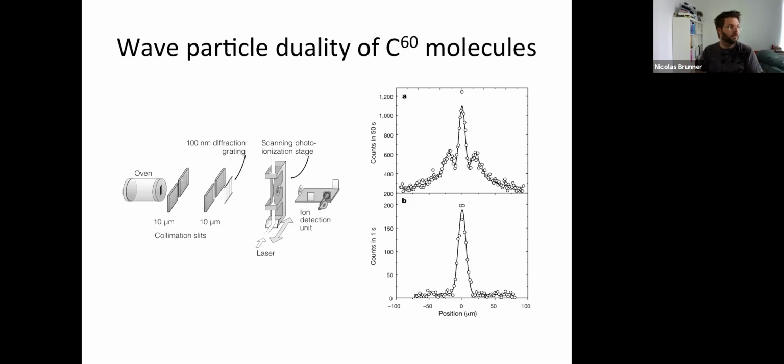Okay, so if you think about the quintessential quantum experiment, it's single particle interference, right? It's the two-slit experiment. This experiment was done with photons, with atoms, with neutrons, with ions. I mean, all that was done a long time ago.